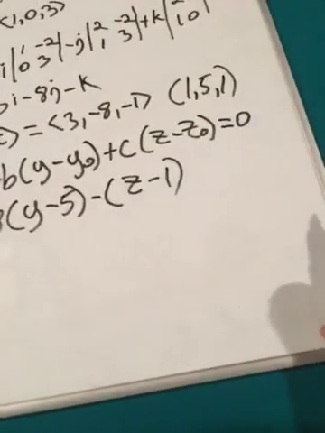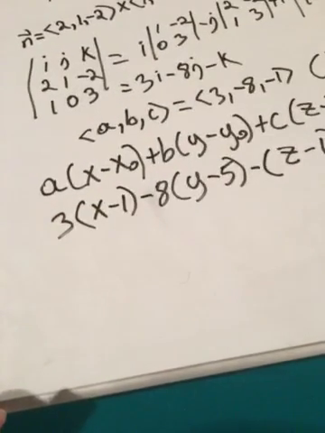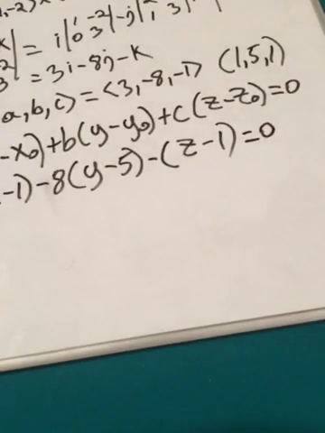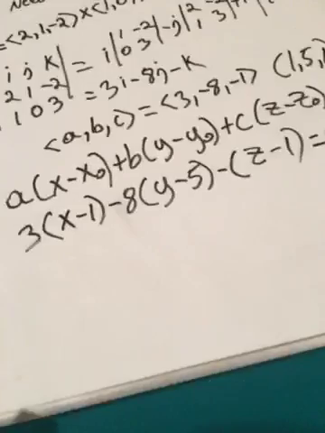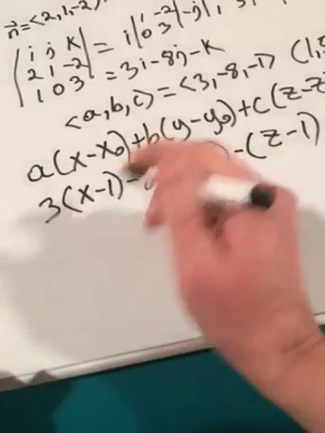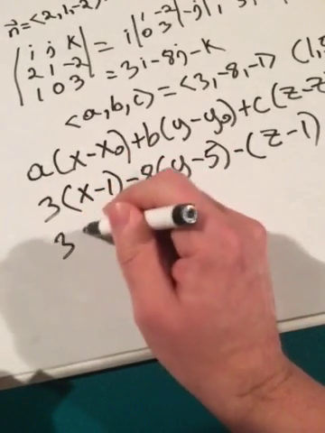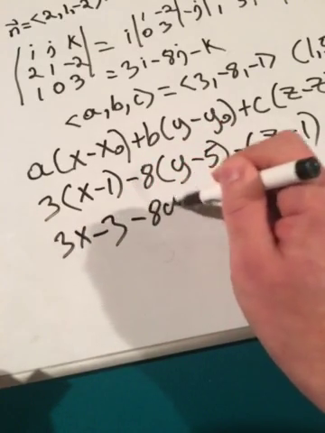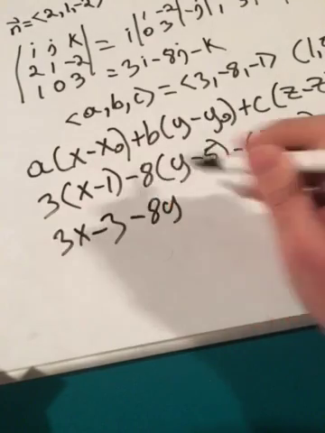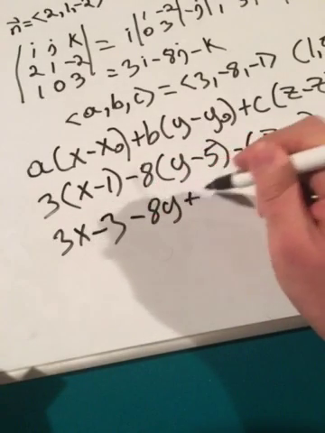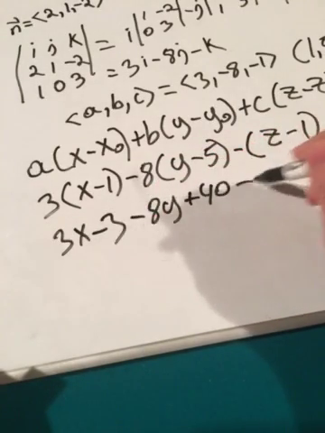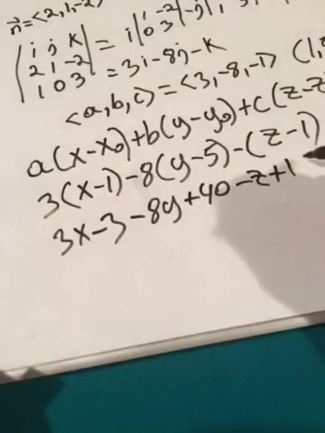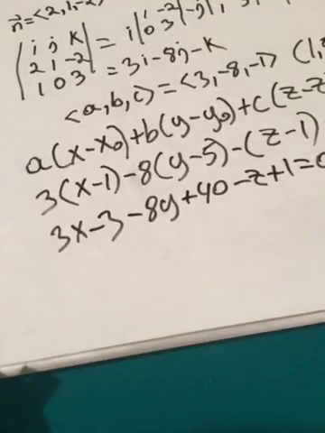We can definitely clean it up by distributing here to get 3x minus 3 minus 8y plus 40, since negative 8 times negative 5 is plus 40, minus z, and then minus a negative 1, plus 1, equals 0.